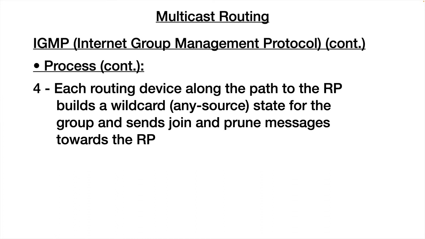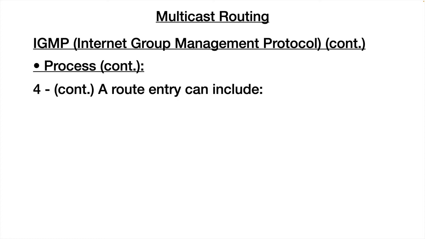Each routing device along the path from the device that's sending the update to the rendezvous point builds what's called a wildcard, or any source state for the group, and sends join and prune messages along the way towards the rendezvous point.